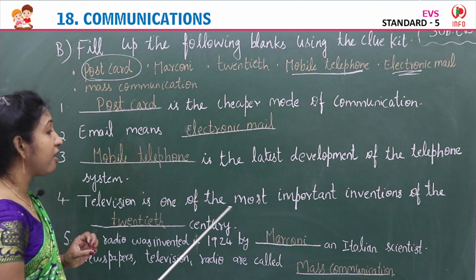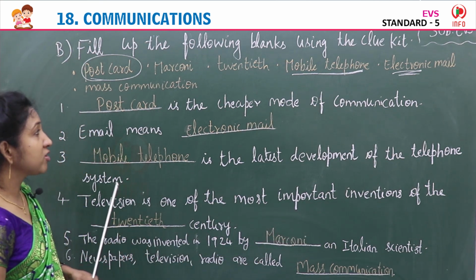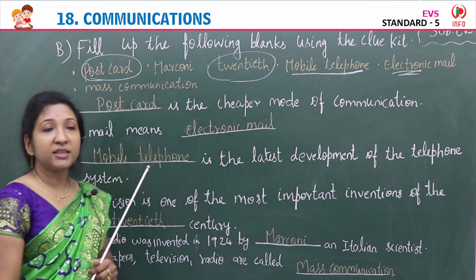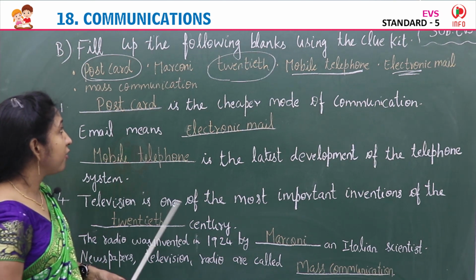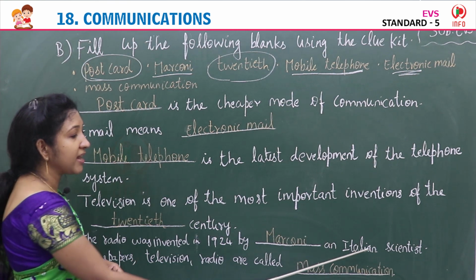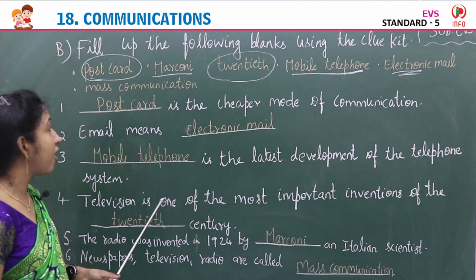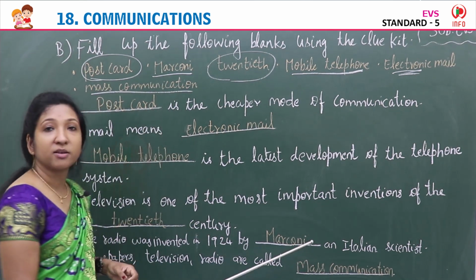Fourth, television is one of the most important inventions of the dash century. Television is one of the most important inventions of the 20th century. Fifth, the radio was invented in 1924 by, yes, Marconi, an Italian scientist. Last one, newspapers, television, radio are called mass communication.